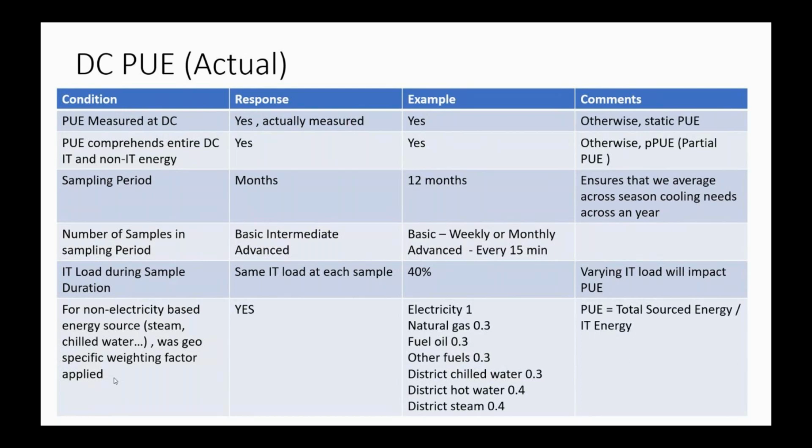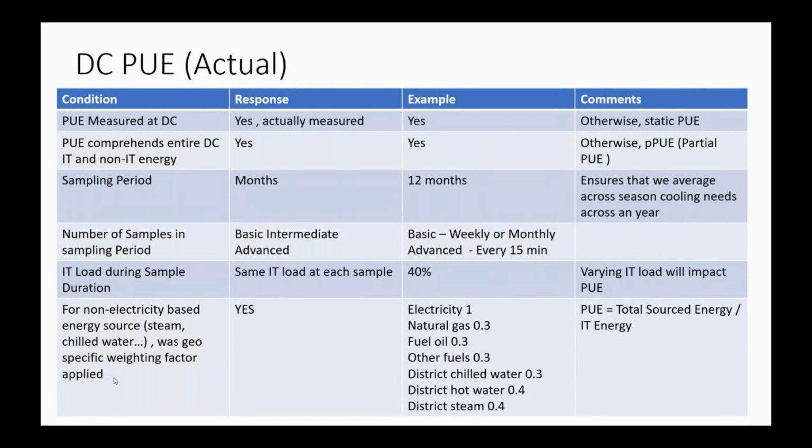Okay. I see. And then one other question. Where we say number of samples, obviously a large number of samples is good. But suppose we have a good number of samples, whether it's daily or something like that.